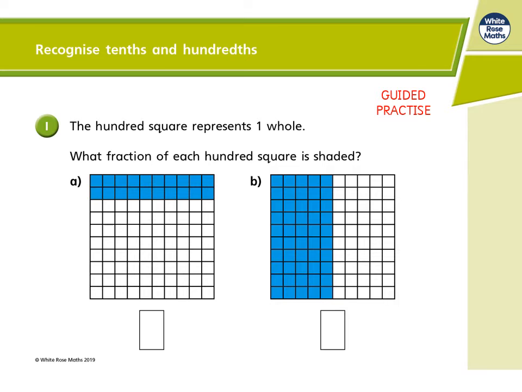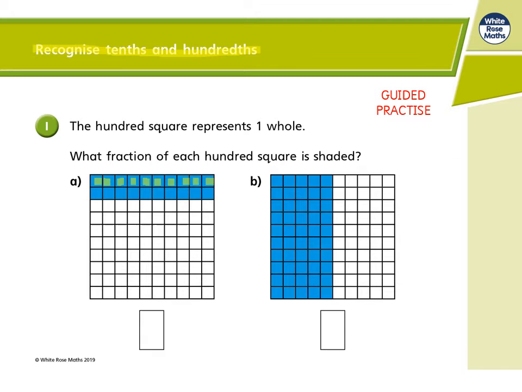So our learning objective is to recognise tenths and hundredths. Okay, so A and B, they both represent one whole. There are 100 equal parts in our whole. And our question asks what fraction of each 100 square is shaded. Now you can see there's 1, 2, 3, 4, 5, 6, 7, 8, 9, 10 equal parts shaded in one row.